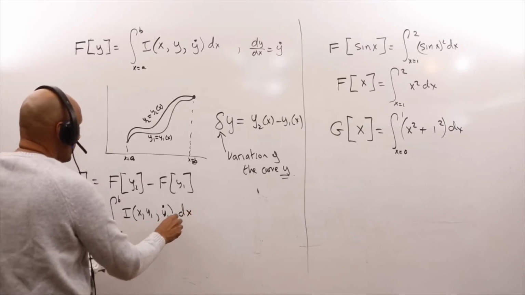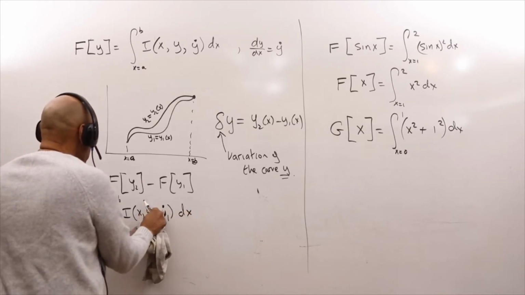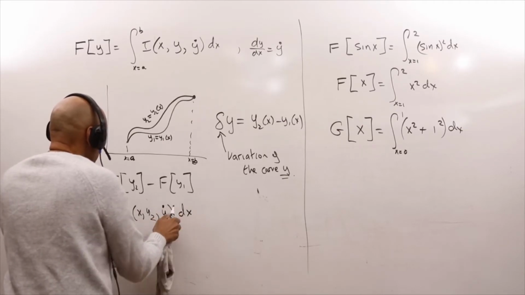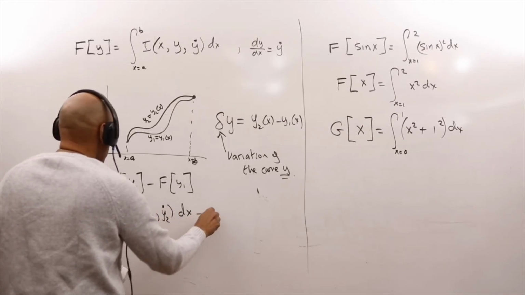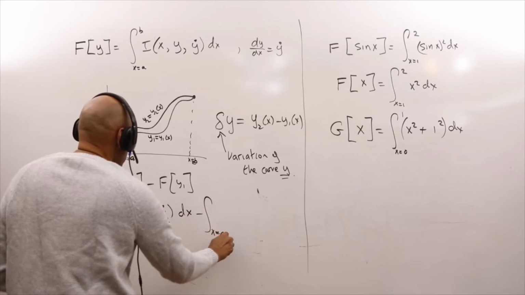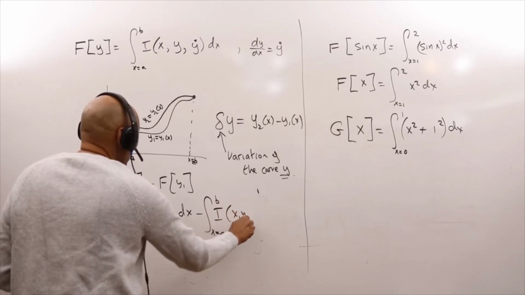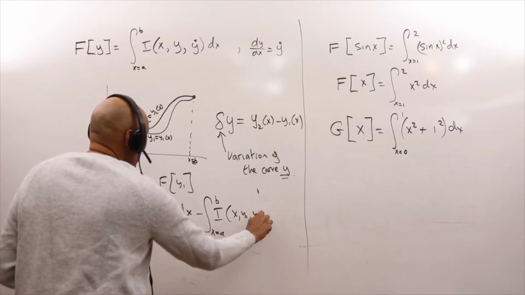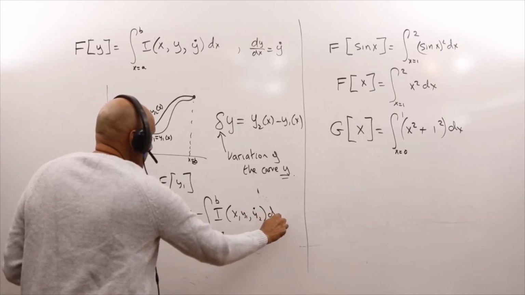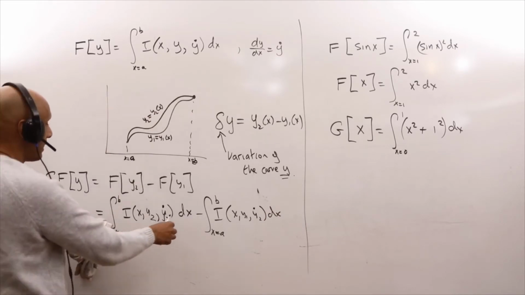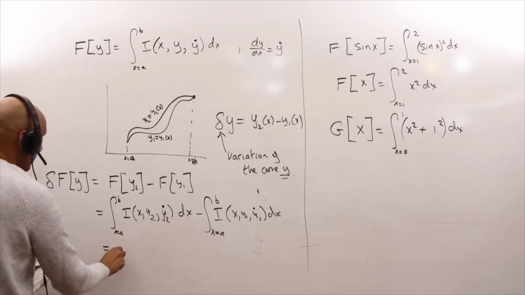So this is y1, and I'm sorry, that's supposed to be y2, so I'll erase that and put a 2, minus the integral taken from x equals a to b of the integrand of x, y1, y1 dot dx. And we can actually move the integrals together.